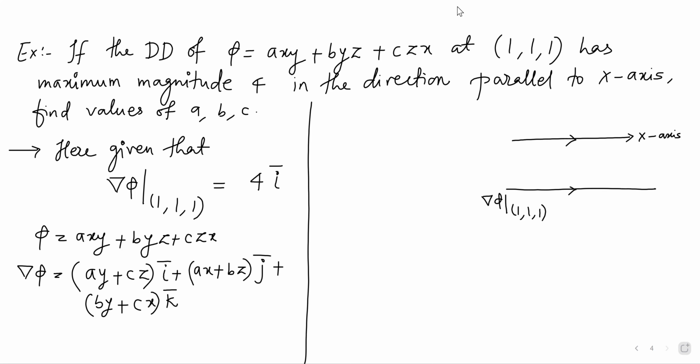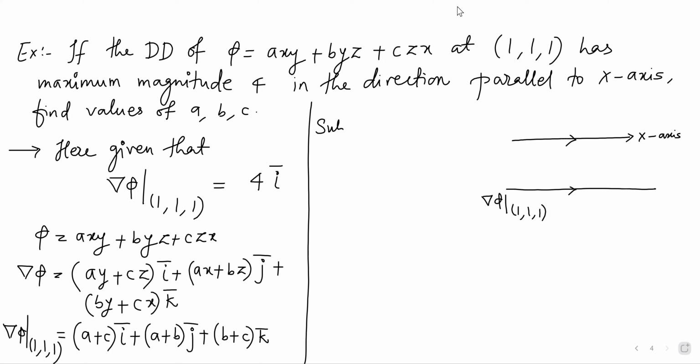Now what I have to do is find del phi at the point 111. Substitute x, y, z as 1. So we get (a plus c) times i bar plus (a plus b) times j bar plus (b plus c) times k bar. Now we'll substitute this in the given equation.